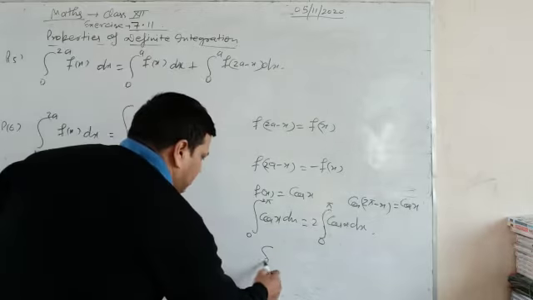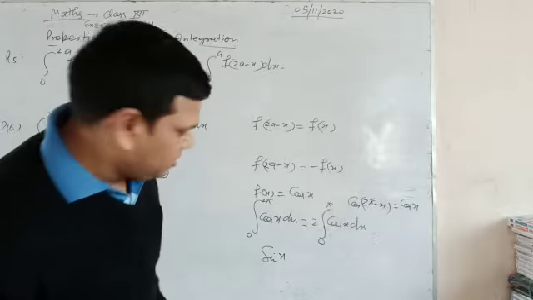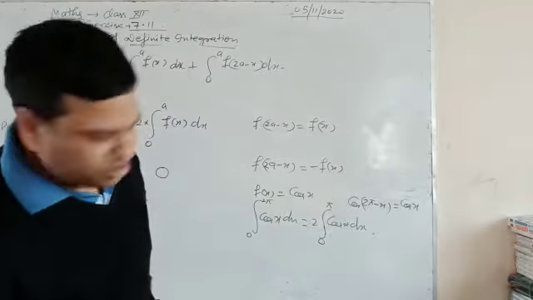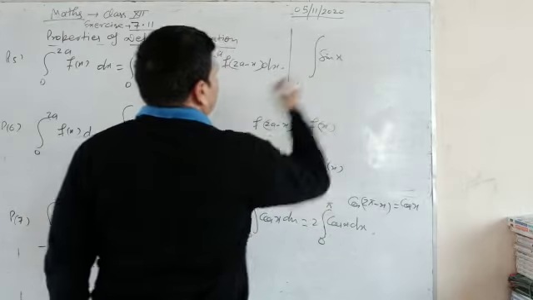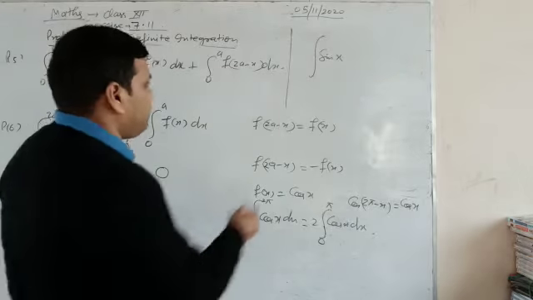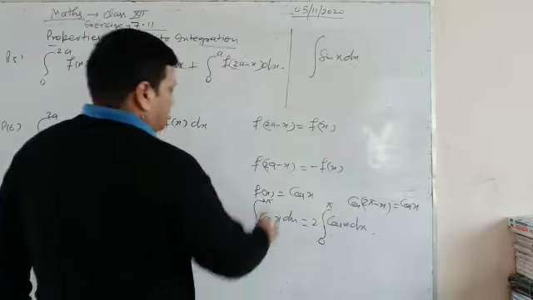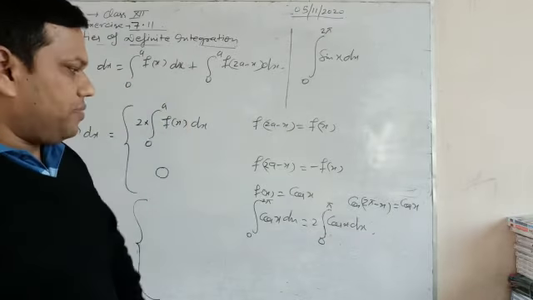But if you have sin x, with dx and limits 0 to 2 pi, then what happens there?